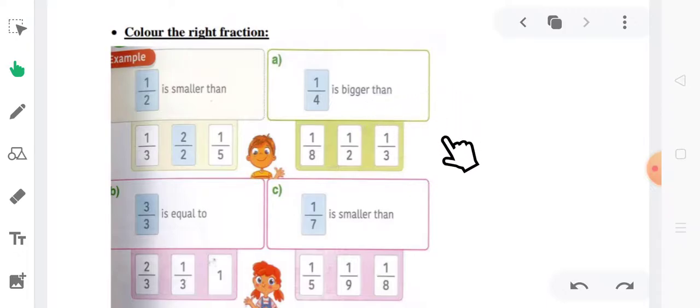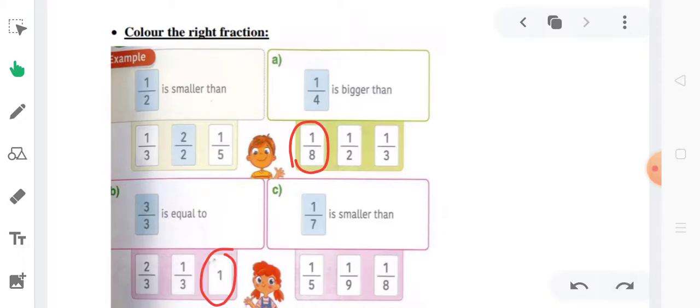So we will choose smaller than denominator. Smaller or bigger denominator? Yes, it's bigger denominator. Okay, it's eighth because it's smaller than quarter or fourth. 3/3, excellent, means when the top equals the bottom it equals 1.